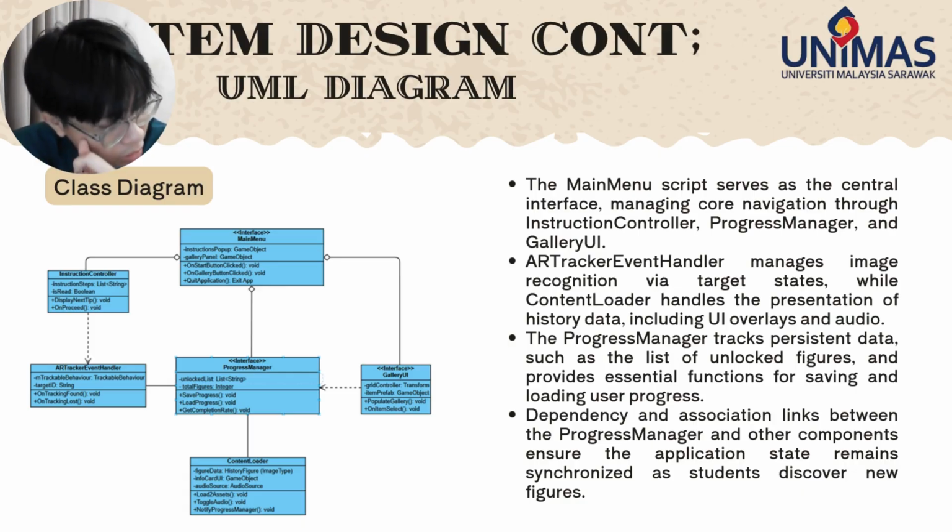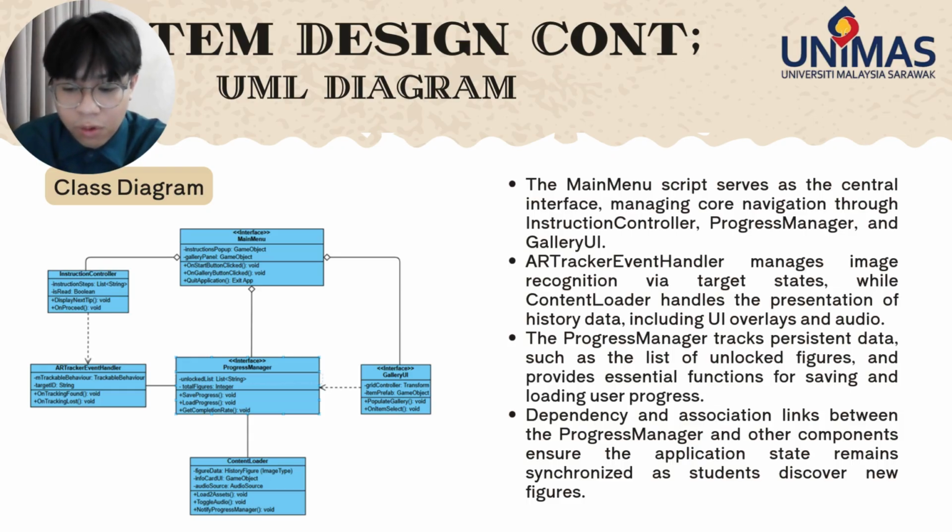It doesn't have much of a database, but it has a simple local database to store the image, and if the user finally tracks the image, then we unlock the progress for the user.